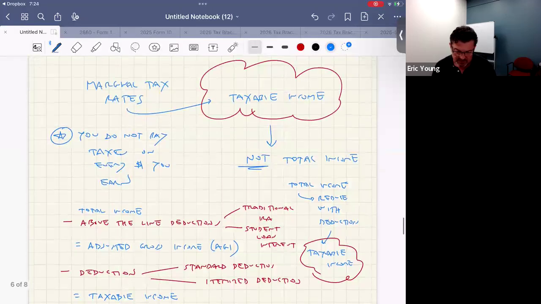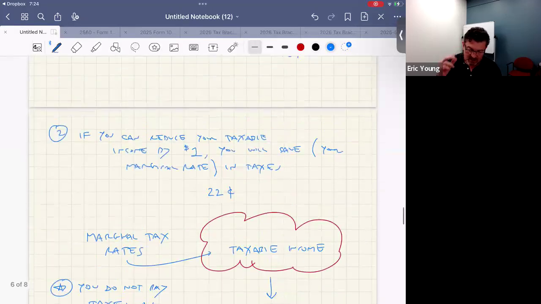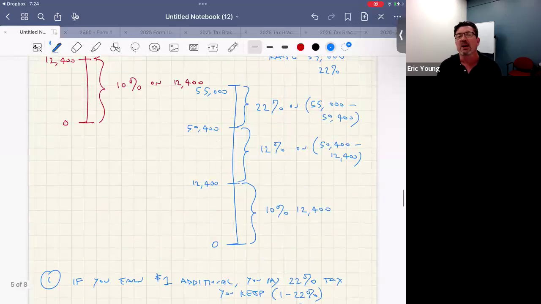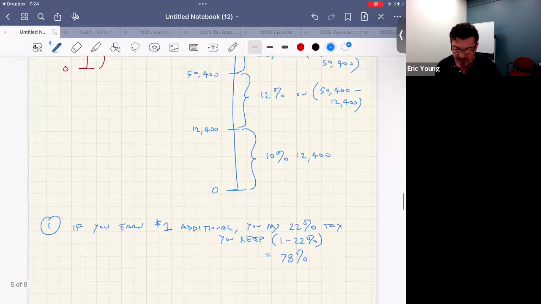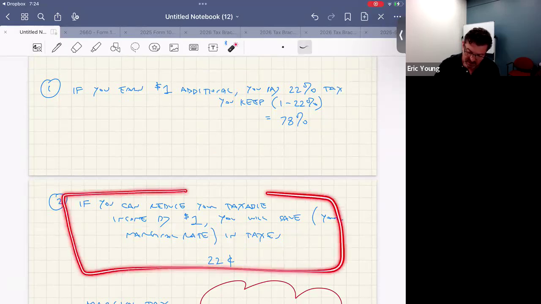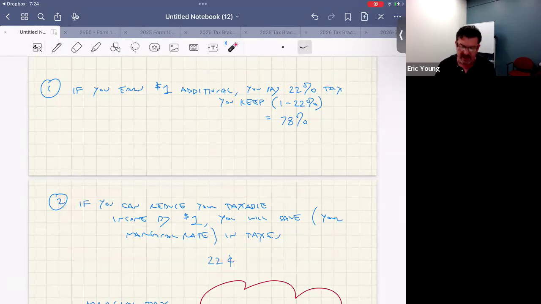Okay? So look what we've done. We talked about in our last lecture the marginal tax rates, but we said that they were based on taxable income. We learned the implications, and especially implication number 2, if you can reduce your taxable income by $1, you're going to reduce your taxes by the amount of your tax rate.